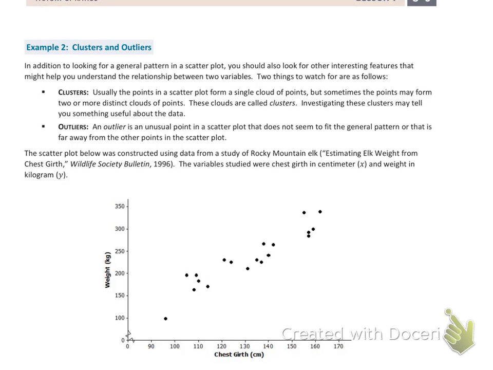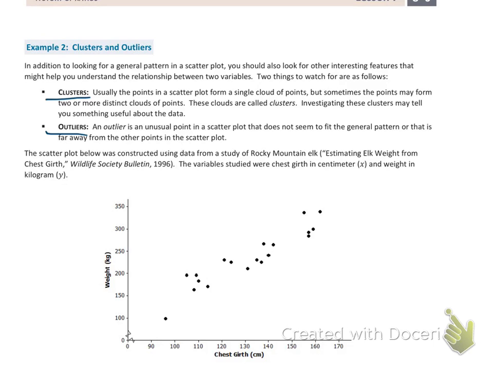So you want to look for 2 things, clusters and outliers. Those are statistical terms, but they're pretty easy to figure out what they mean, right? Clusters would be places where the data kind of bunches up, like right here is a cluster. I could kind of see a cluster here and one here, okay?